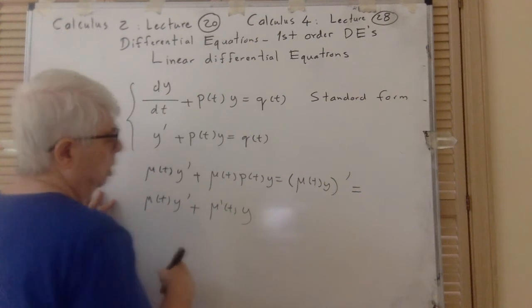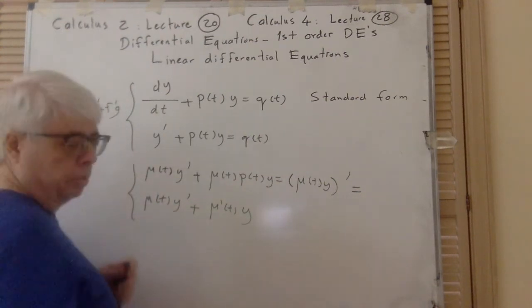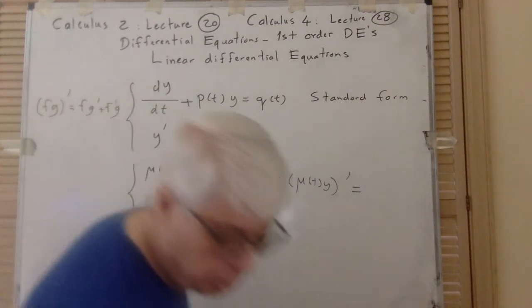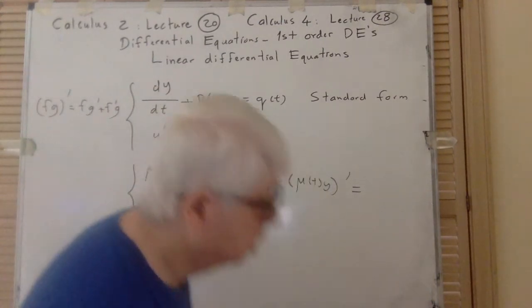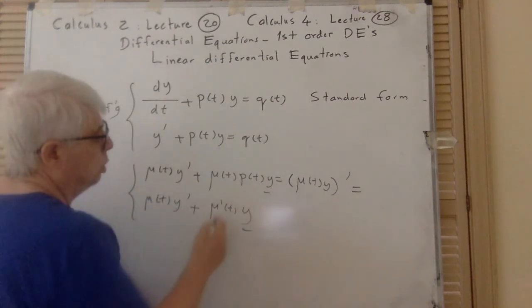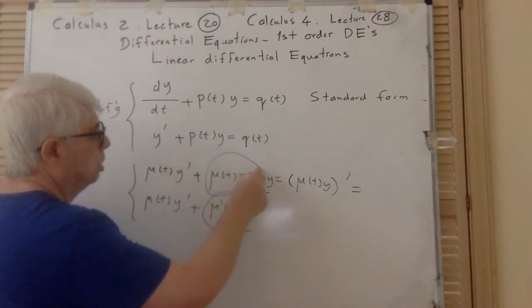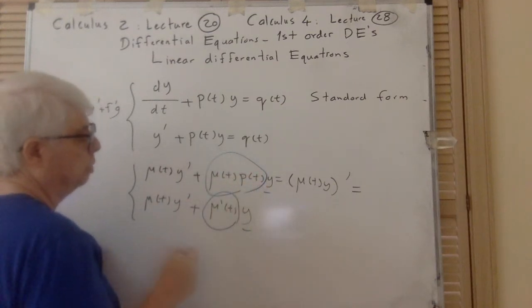Right? Okay, compare these two. What do you see? Mu(t) y prime, the same. This y and this y, the same. It just remains this and this. They should be the same, okay?